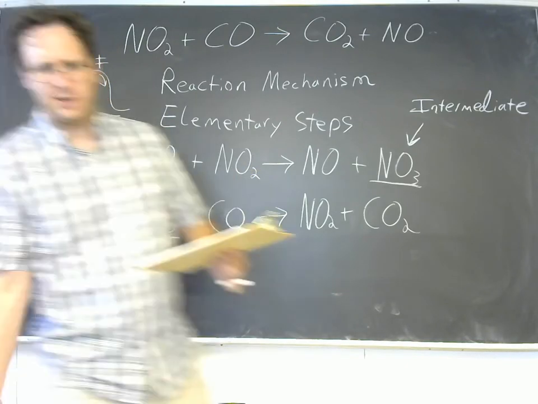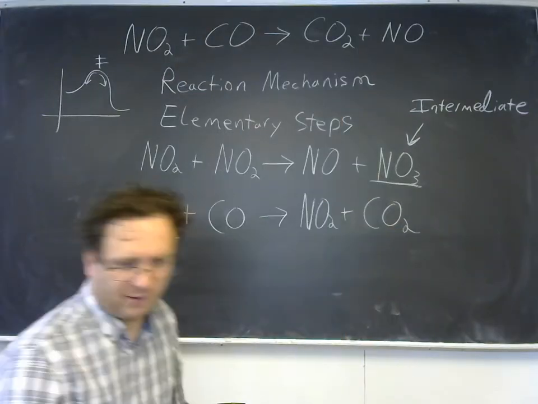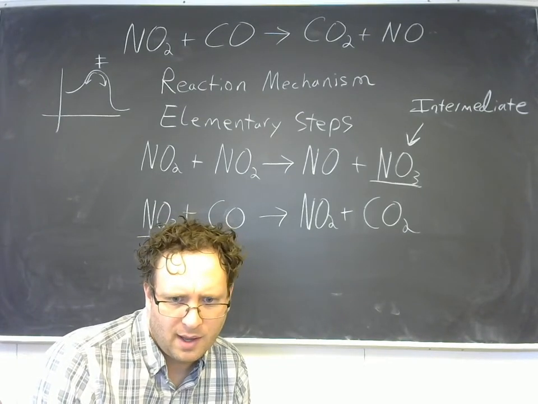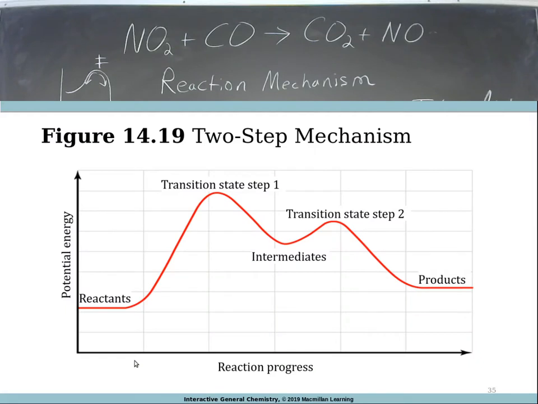So I've been talking about reaction coordinate diagrams. Let's look at a reaction coordinate diagram for a two-step mechanism. This is sort of generic, right? It could apply to the mechanism that I just showed you.